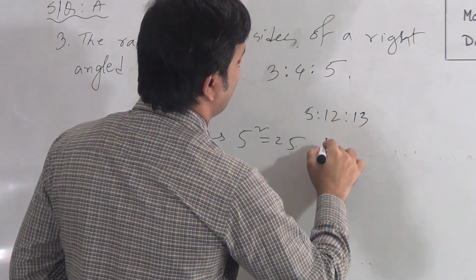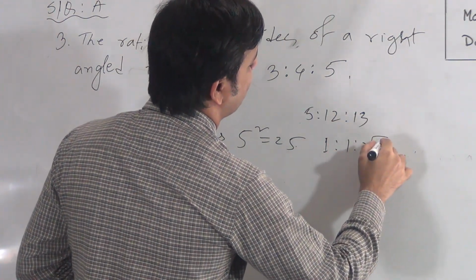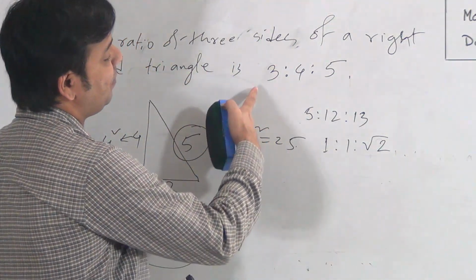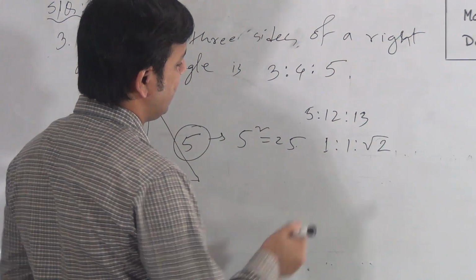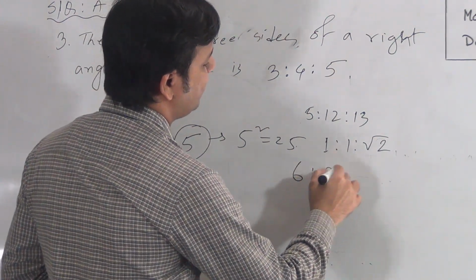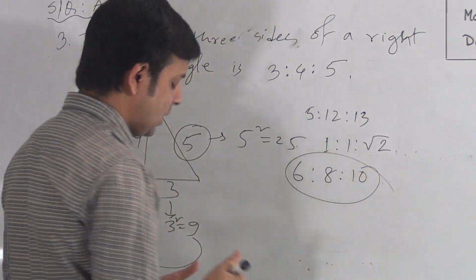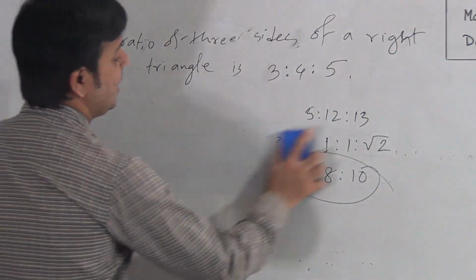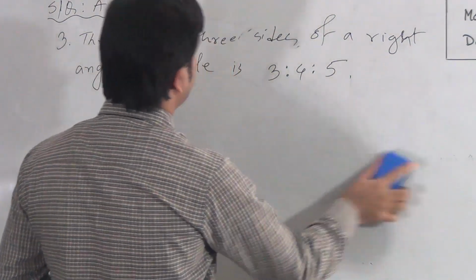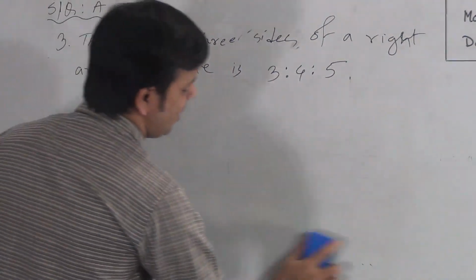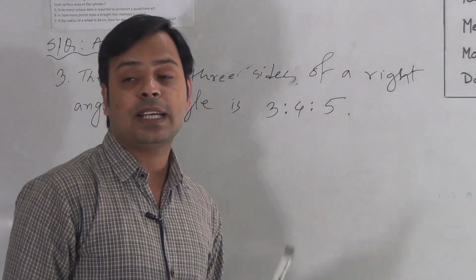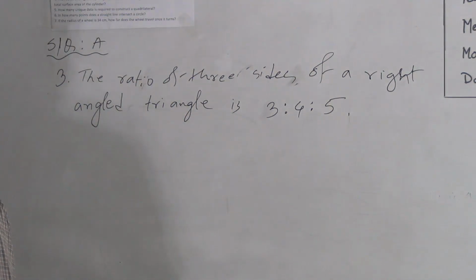You may get others, like 1:1/2, this type of ratio you will get if you take the multiple of this. Suppose 6:8:10, that will be also the ratio of the three sides of a right angle triangle. But I will not write all, I will write only one ratio, that is 3:4:5. So this can be the answer of 3. You may get other answers also.